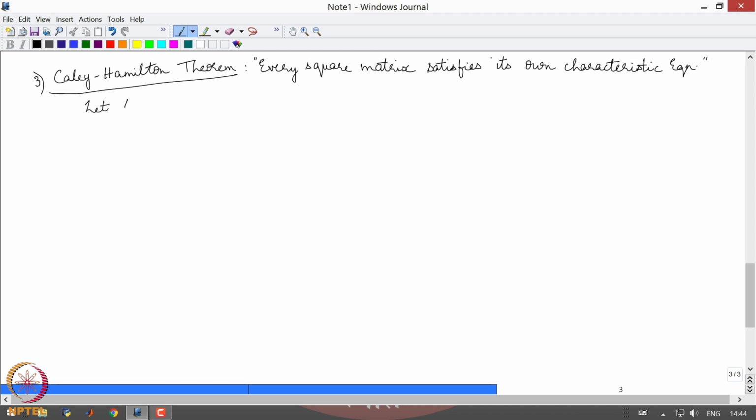So, let us assume A is an n by n matrix which has the following characteristic equation. I will call it P of lambda. It is an nth degree polynomial. So, say it is lambda power n plus a n minus 1 lambda power n minus 1 plus so on, a naught equals 0, okay, which is obviously the determinant of A minus lambda I n.